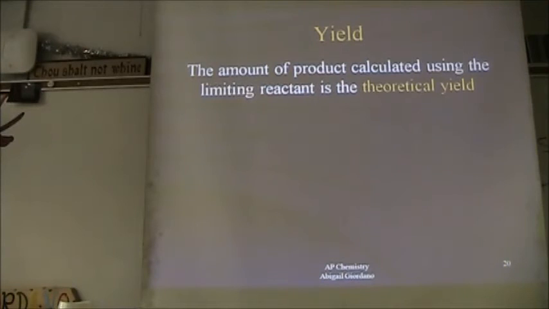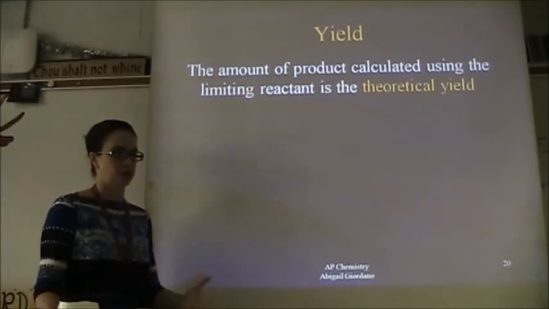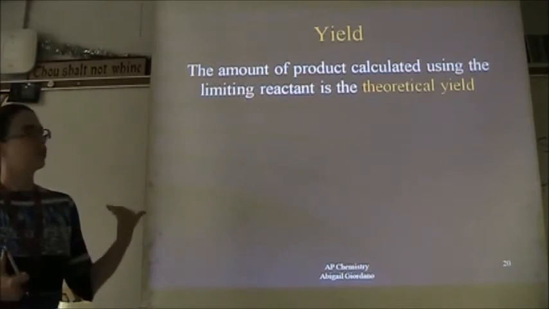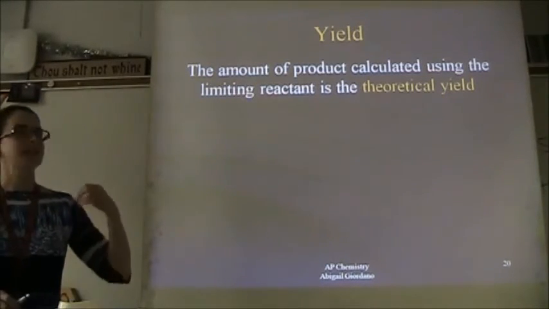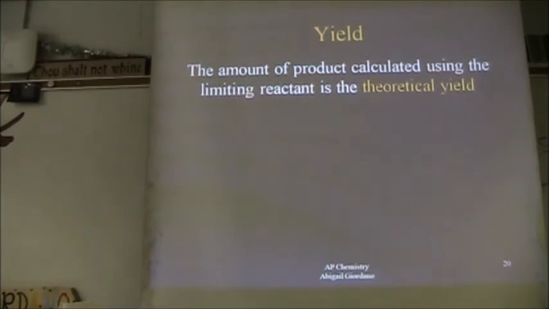When you use that word in your everyday language, you usually say something like, well, theoretically we could do blah, blah, blah. Theoretically just means, in a perfect world we could do, and that's what this means here too. It's the mass of product you would get if your reaction was perfect.